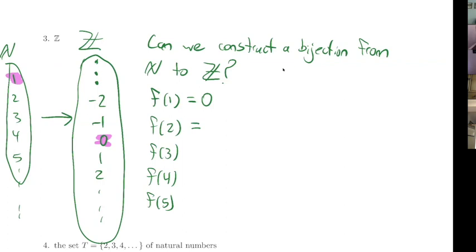Where do you want f of 2 to go? All right, I'll be the boss then. I'm going to map that to 1 just because it's the next nice number. So now we've got 2 going over to 1.